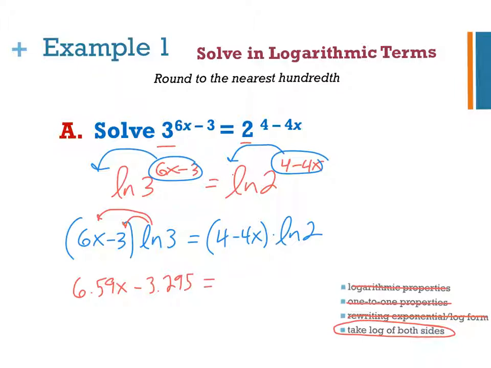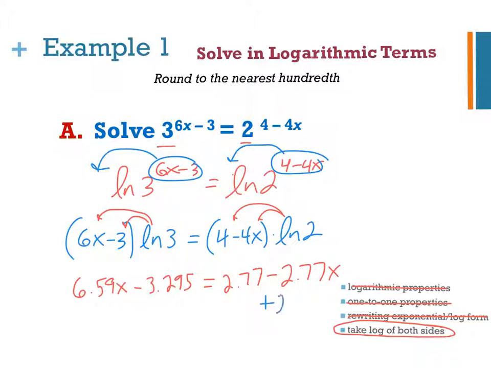Let's do the same on the left-hand side. Distribute the natural log of 2 through. So 4 times the natural log of 2 gives me 2.77 minus 2.77x.